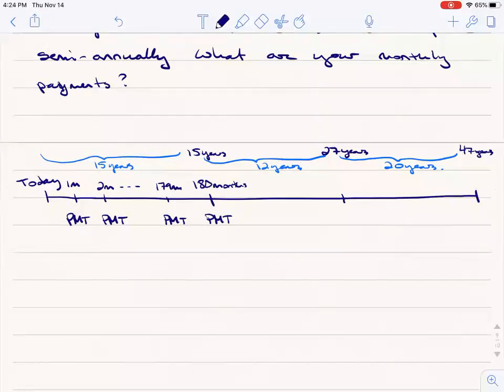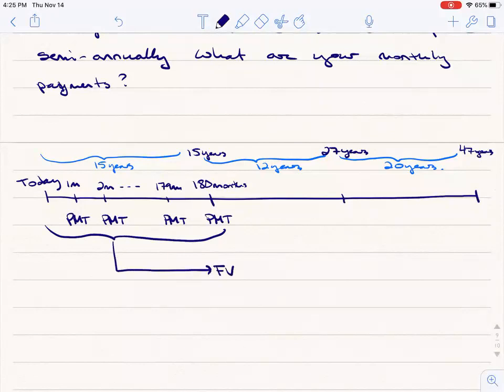What's going to happen is that that's going to funnel into some future value. All these payments are going to add up to some future value 15 years from today. And so I can funnel those into a future value.